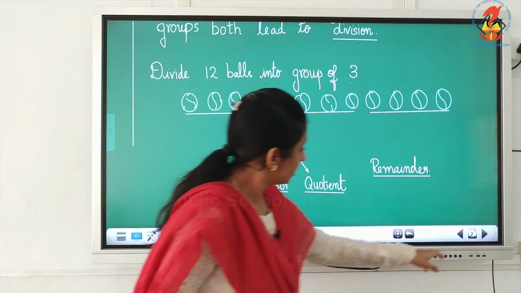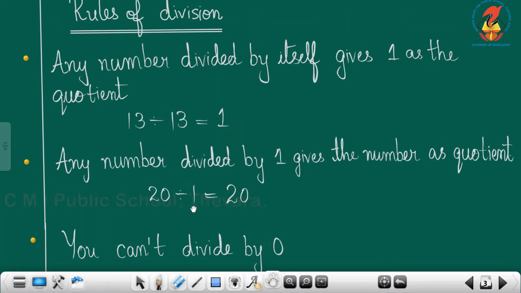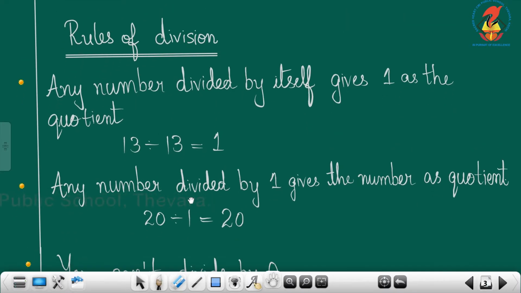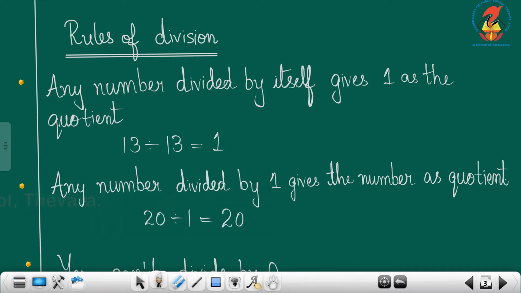Okay. So the next topic is rules of division. The first rule: any number divided by itself gives 1 as the quotient.